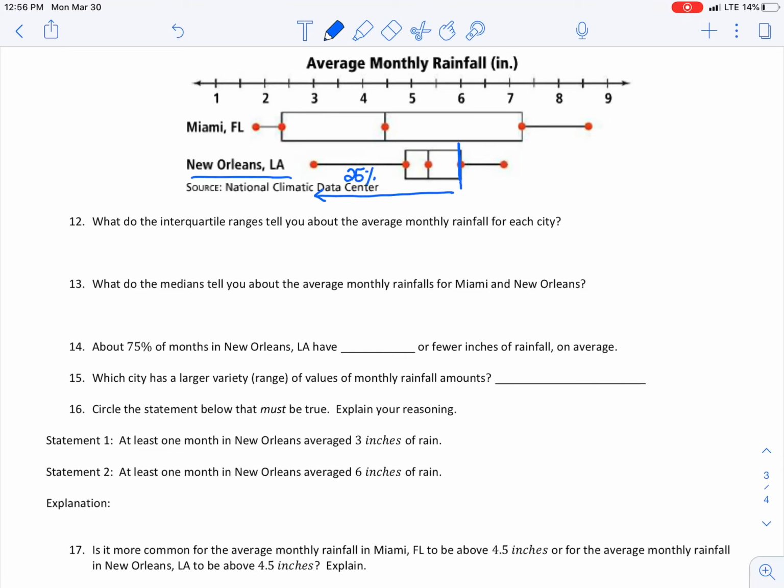This is 25, this is 25, and this is 25%, so that would be 75% if you added all those up. If we draw that all the way up, New Orleans has 6 or fewer inches of rainfall in 75% of months.